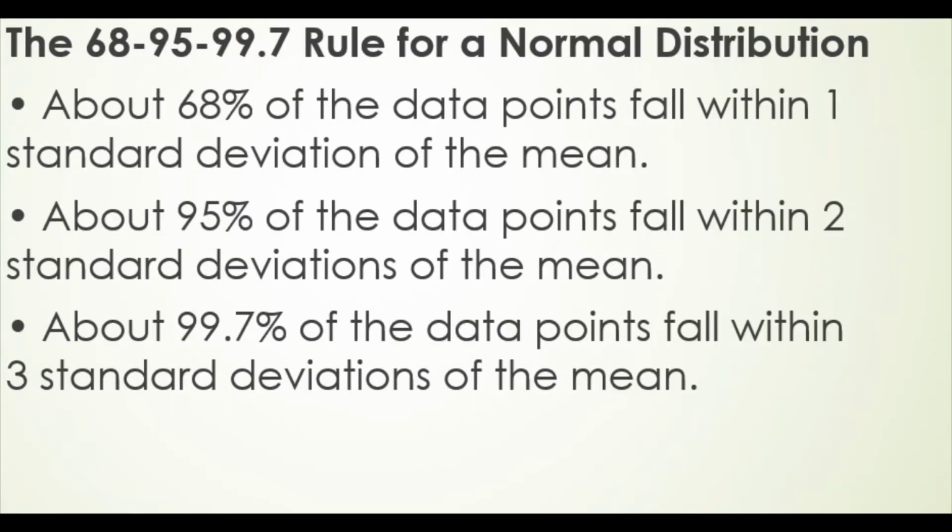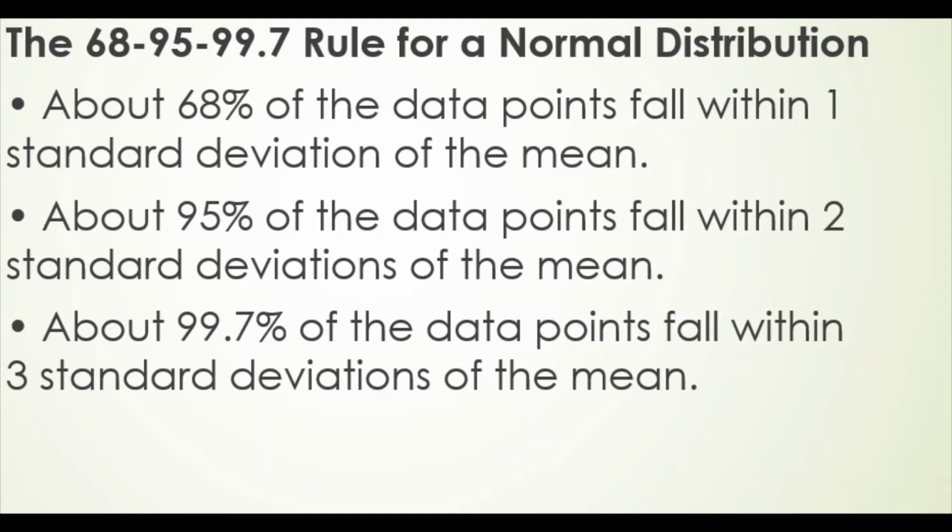All right, so the 68, 95, 99.7 rule for a normal distribution. We're going to talk a lot about this rule, and we're going to use it to determine the frequencies of different values within a normal distribution.